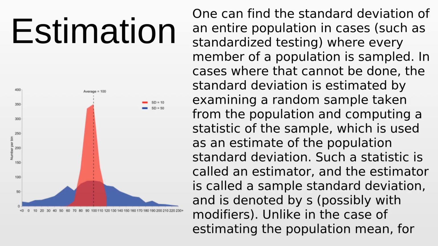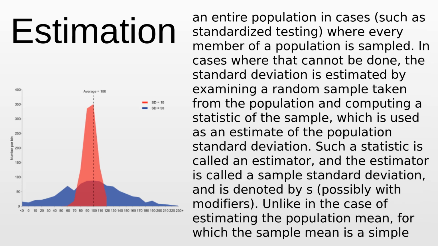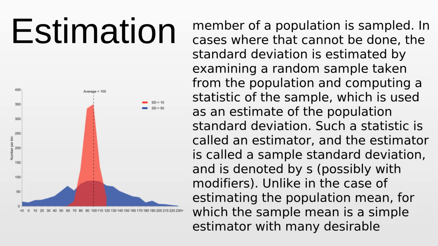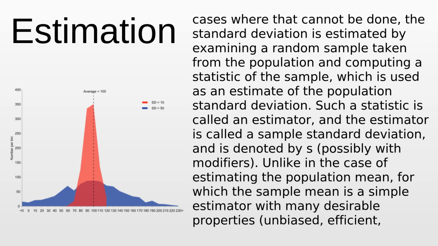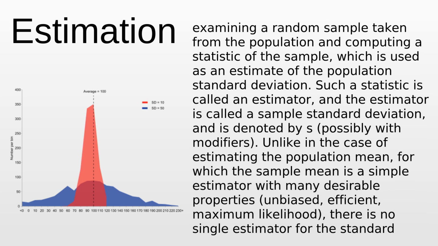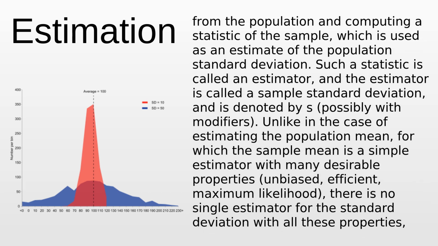One can find the standard deviation of an entire population in cases such as standardized testing, where every member of a population is sampled. In cases where that cannot be done, the standard deviation is estimated by examining a random sample taken from the population and computing a statistic of the sample, which is used as an estimate of the population standard deviation.